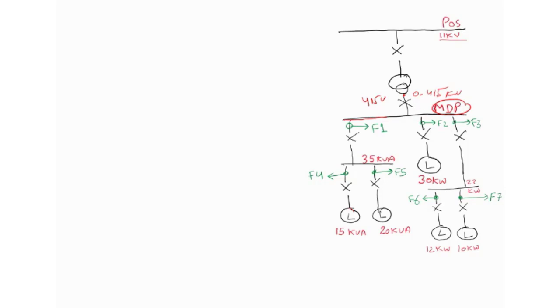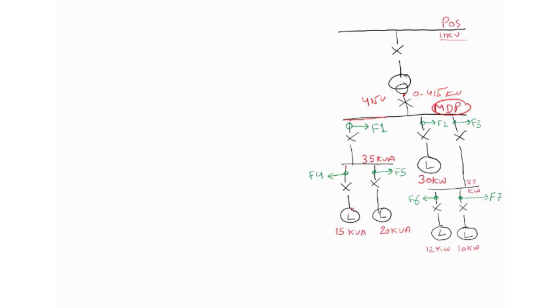Then this main distribution panel distributes the electrical energy as per the requirement. It will distribute the energy by feeder 1, feeder 2, feeder 3, and further these feeders distribute electrical energy to different loads.